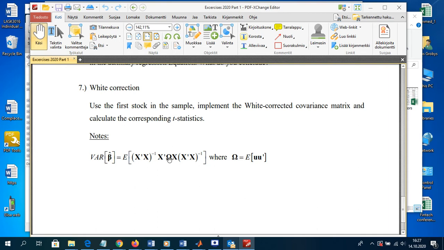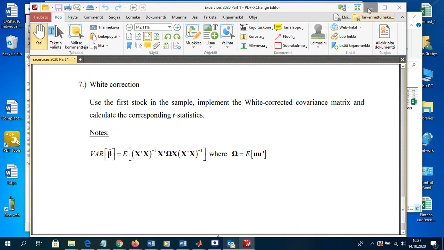If we have T time series observations, omega is always a T by T matrix. On the main diagonal, we have T elements. The first element is the squared residual of our mean equation for the first time series observation. The second element is the corresponding second squared residual in our time series. Above and below the main diagonal, there are zeros, because we assume that there's no autocorrelation going on.